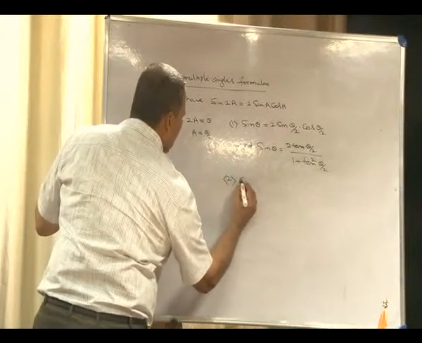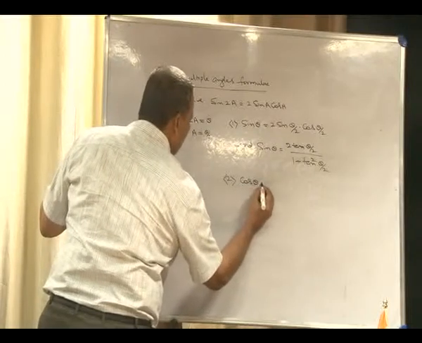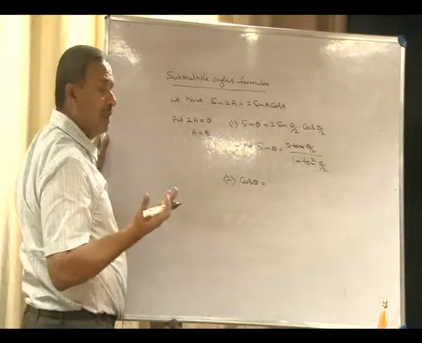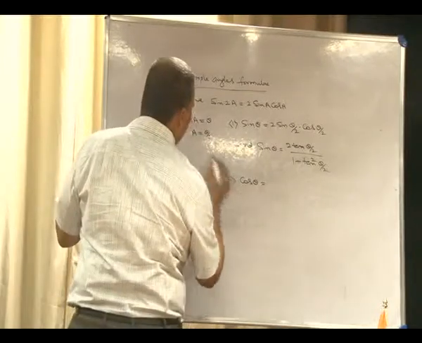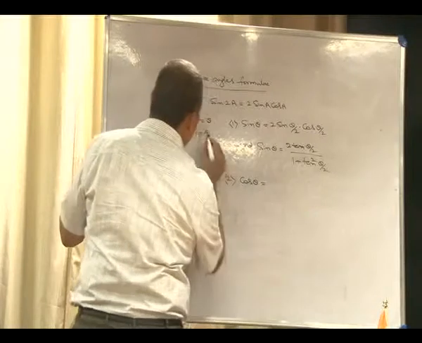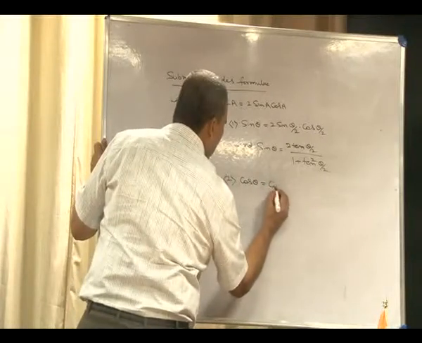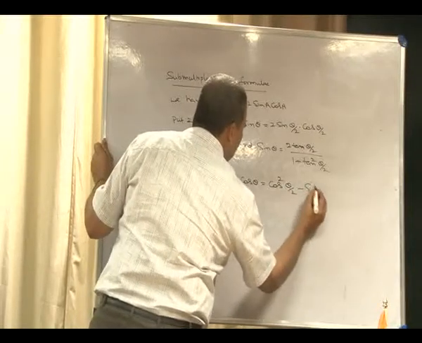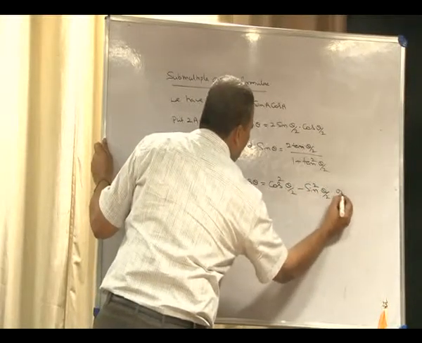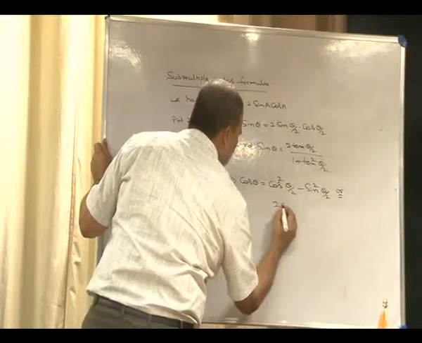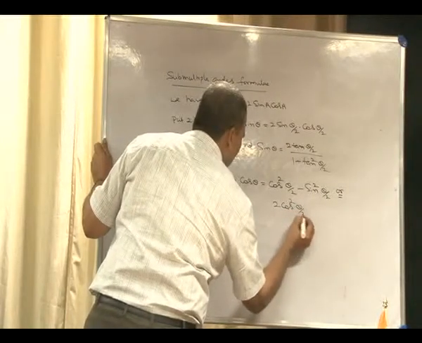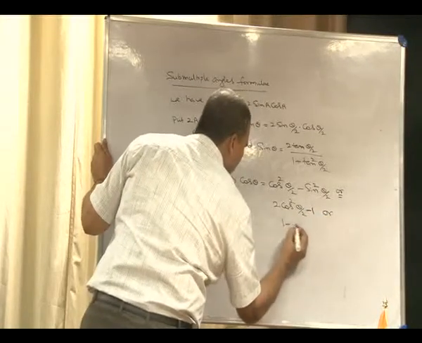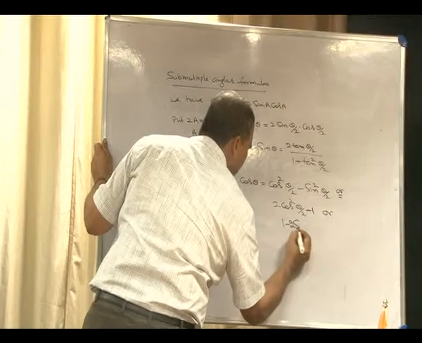The formula for cos 2A is cos square A minus sin square A. Here in place of 2A substitute theta, in place of A substitute theta by 2, then we get cos theta is cos square theta by 2 minus sin square theta by 2, or 2 cos square theta by 2 minus 1, or 1 minus 2 sin square theta by 2.